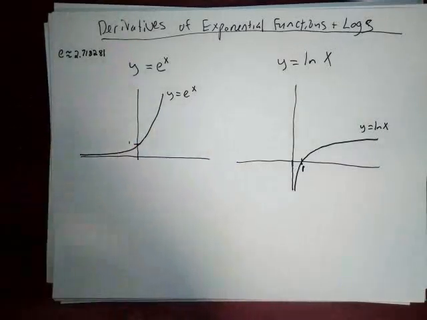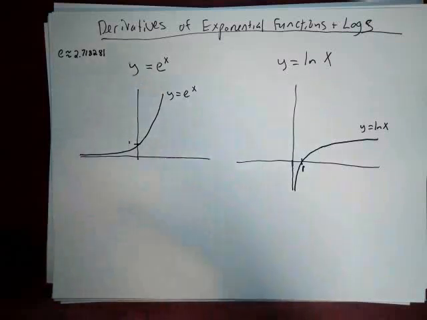That's known as the natural base. When things grow continuously, like populations, or decay continuously, like radiometric dating, you end up getting the number e in your expression to model that sort of growth or decay.